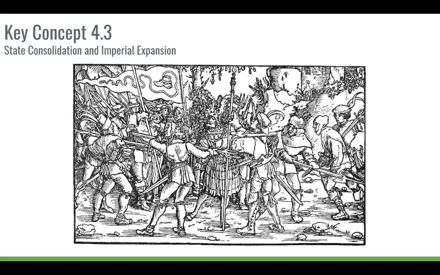Whether it's food riots in pretty much any empire that we see, or maybe samurai revolts in Japan, or just peasant uprisings in China or Europe. Showing a peasant uprising in Germany. Local resistance also challenged the ability of states to consolidate their power and then expand.